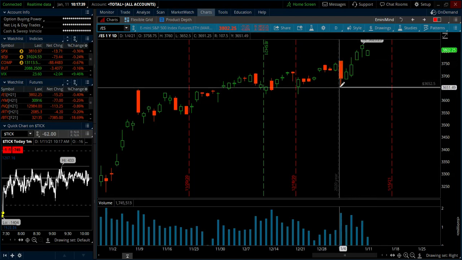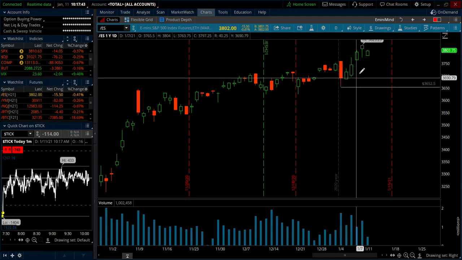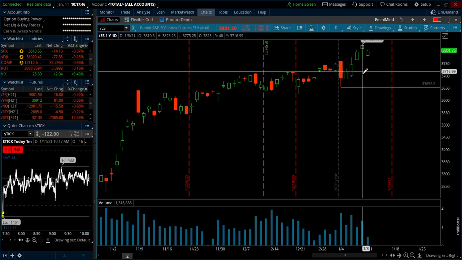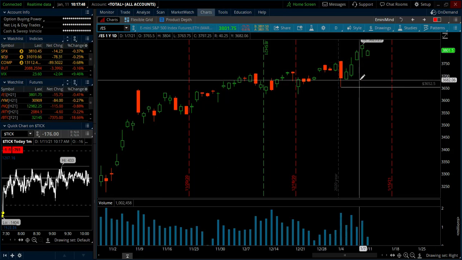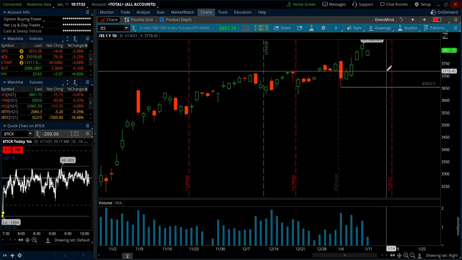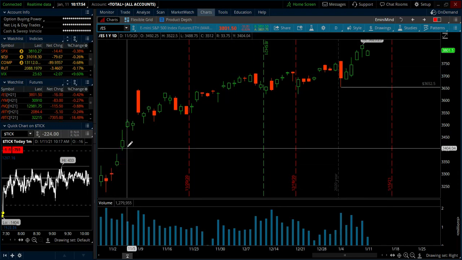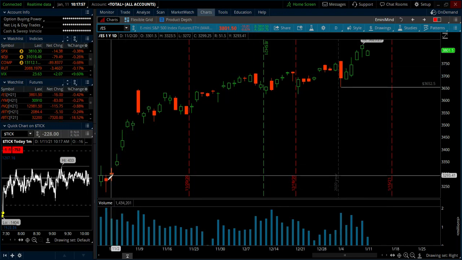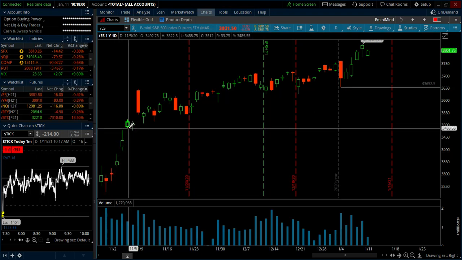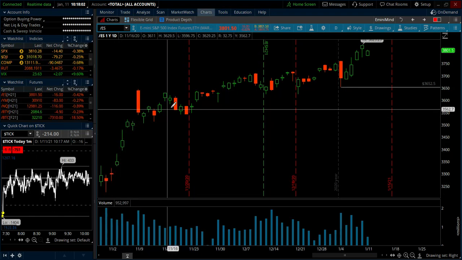sure, you can come in and take a portion of the position and tighten the stop by trailing each candle. But for the longer term leg, let's say you have 5 contracts, you can take off one contract below by trailing each candle, and then you've got 4 left, and you let it do its thing.